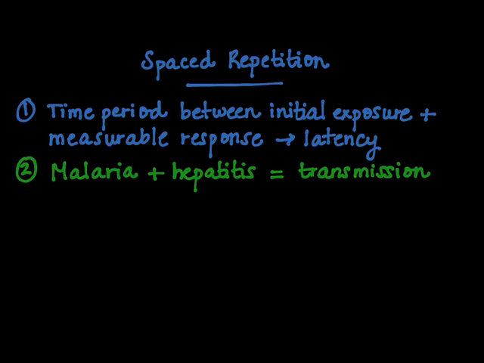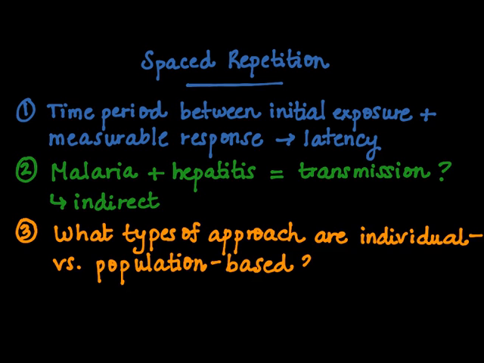Number 2, malaria and hepatitis are examples of what kind of transmission? This is going to be indirect, with malaria being vector-borne, your mosquito being the vector, and hepatitis being vehicle-borne, your needle stick being the vehicle.